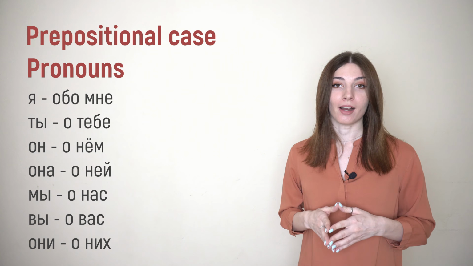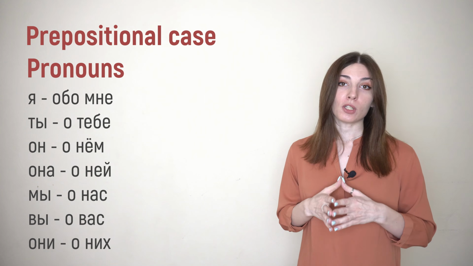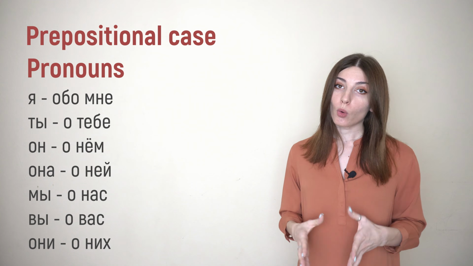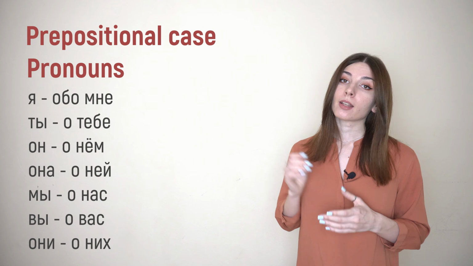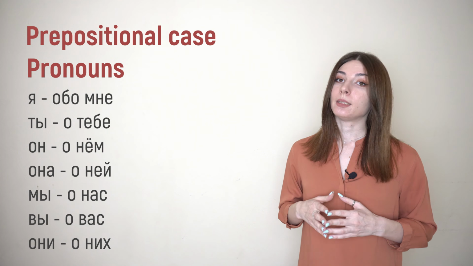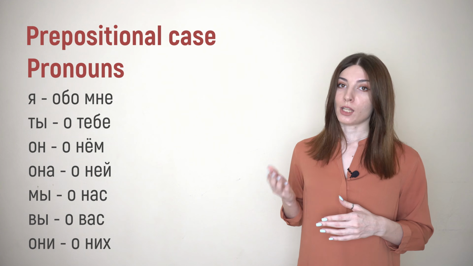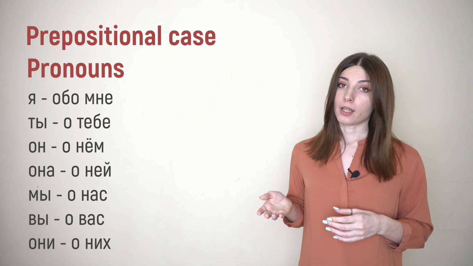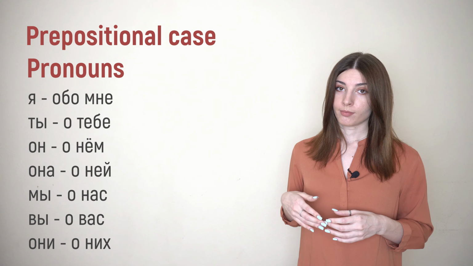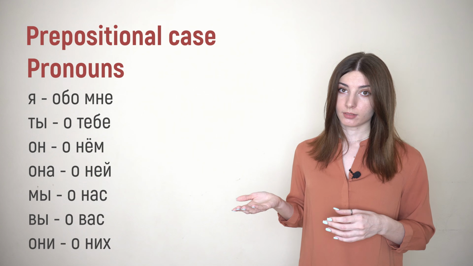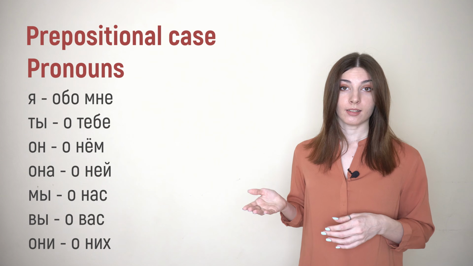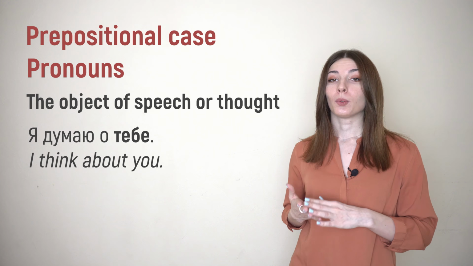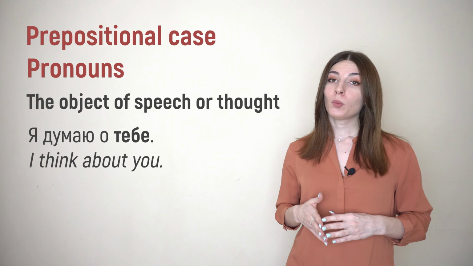So like this you will have обо мне. If you need to say about me, you just need to remember that it's always обо мне. Then, ты о тебе, он о нем, она о ней, мы о нас, вы о вас, and они о них. For example, я думаю о тебе.